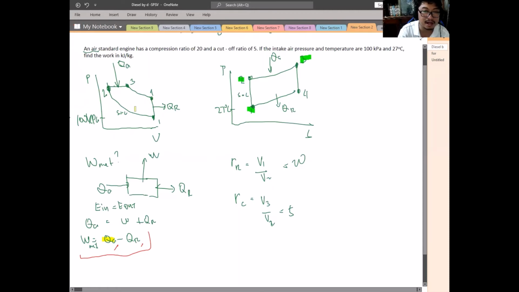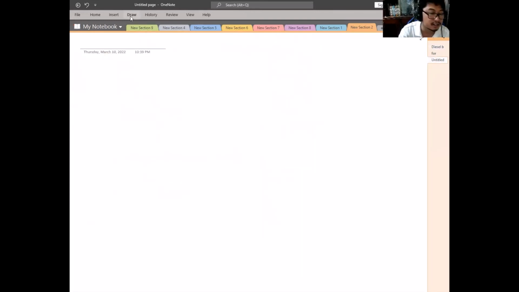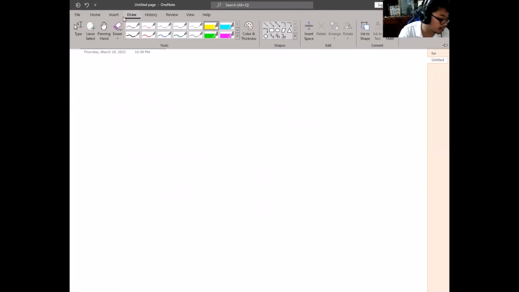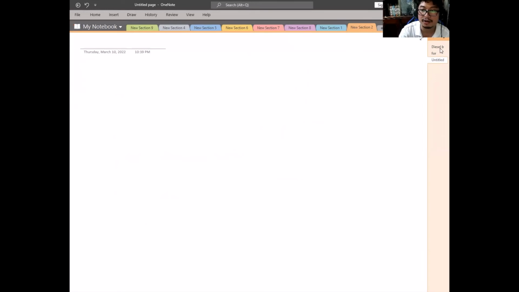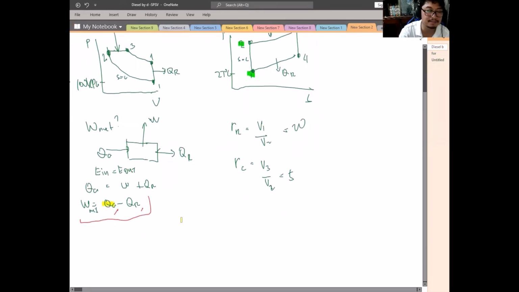We also cannot use volume because 4 to 1 is a constant volume process. So we cannot get the heat rejected. There is an alternative formula for solving the net work, from the efficiency.